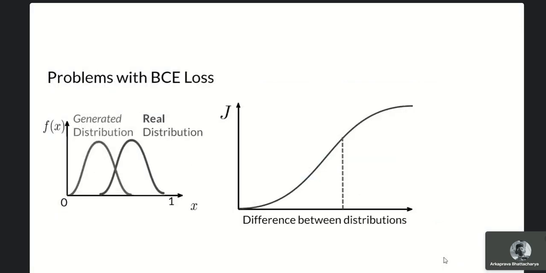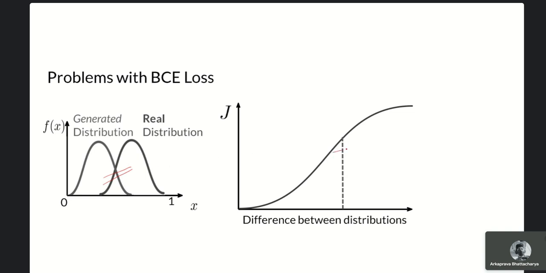So we were talking about what the problem is with the BCE loss function and how it causes the vanishing gradient problem. As you can see, initially our discriminator is not well trained and there is some overlap between the generated and real distribution, and it cannot distinguish between these two.